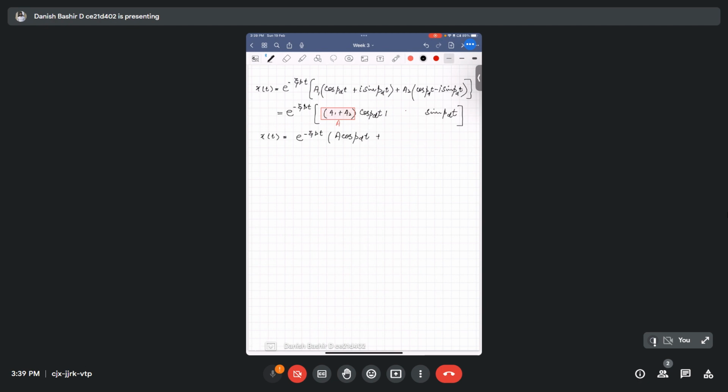We are taking plus iota times a1 minus a2 as b. We will write here then b sin pd t. So this way we obtain the solution for our damped free vibration system.